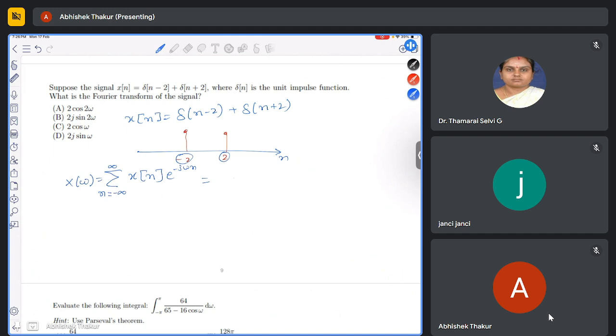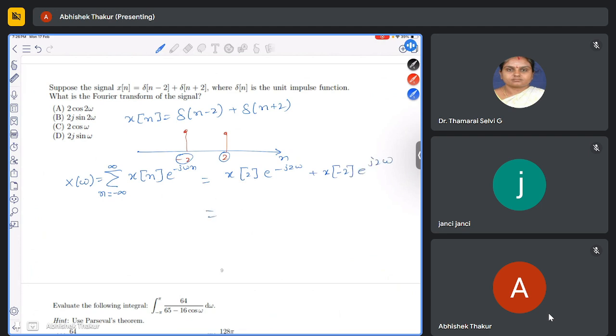So this will become x[2] e to the power of minus j 2 omega plus x[minus 2] e to the power of j 2 omega.